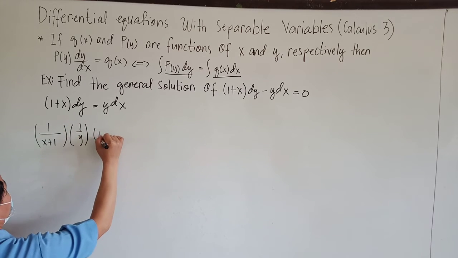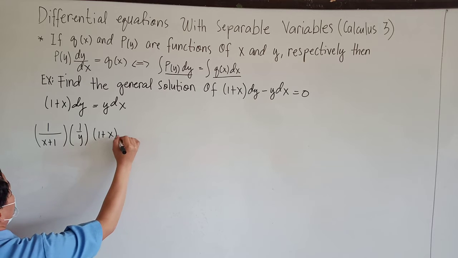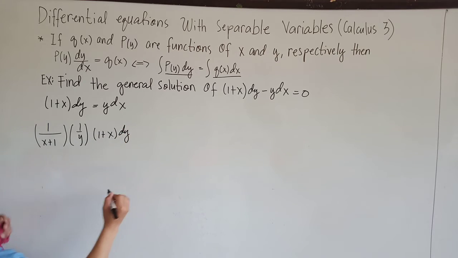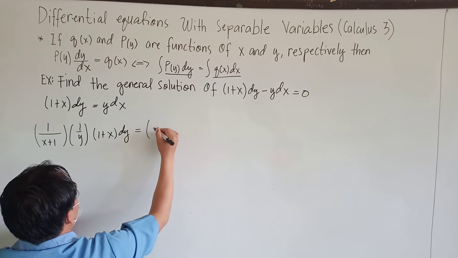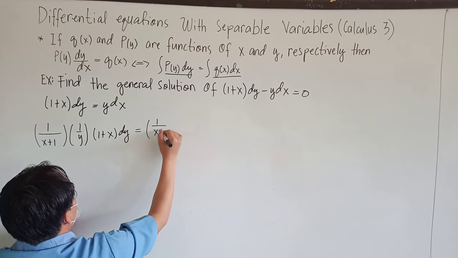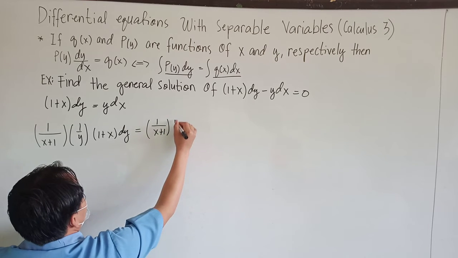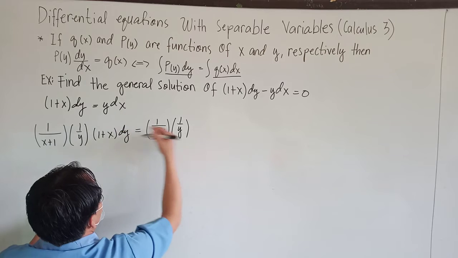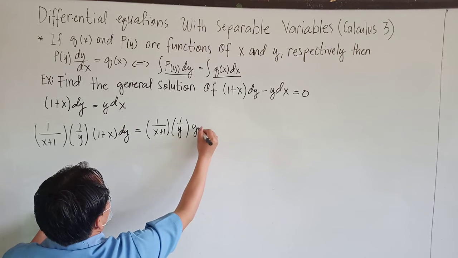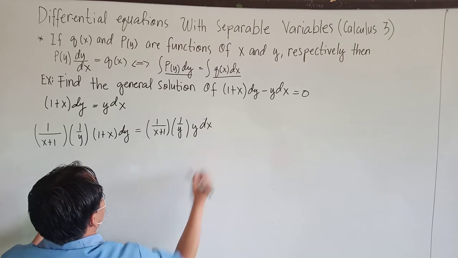So we have here 1 plus x dy, and another one is the equivalent function: the quantity 1 over x plus 1 times 1 over y, times y dx.